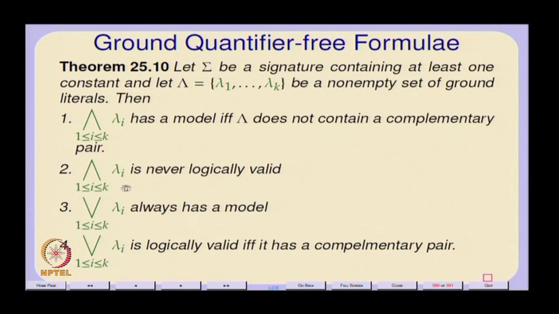And big AND of lambda I can never be logically valid. And big OR of lambda I always has a model, and big OR of lambda I is logically valid if and only if it has a complementary pair, right.